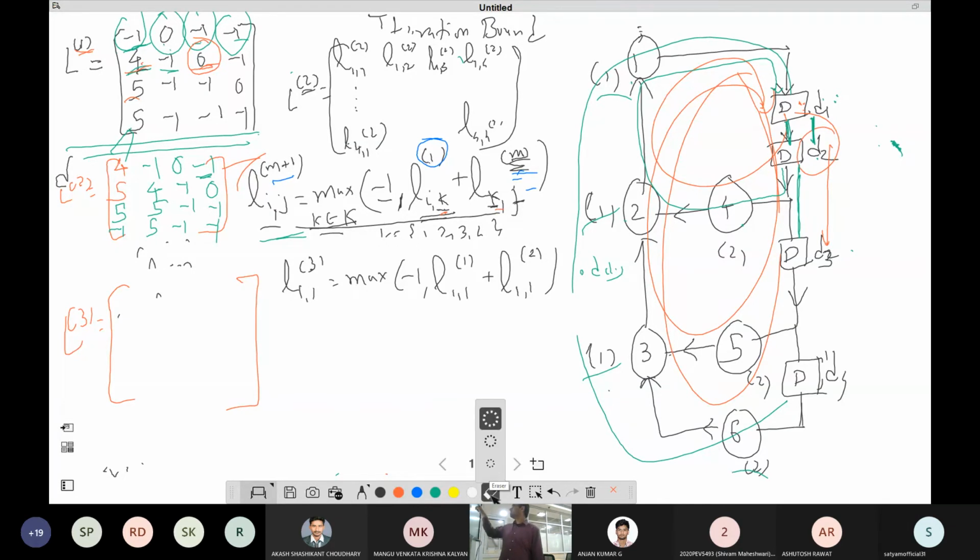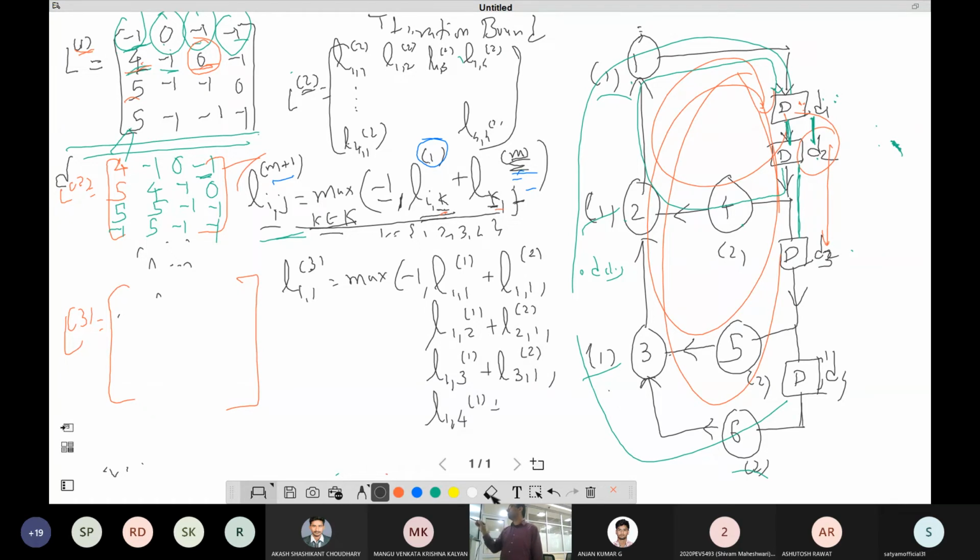So again it will go like this: L12 of 1 plus L21 of 2, L13 of 1 plus L31 of 2, L14 of 1 plus L41 of 2. This is the formula.